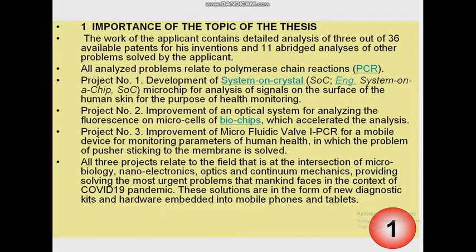Project number 3, improvement of the microfluidic valve in PCR for a mobile device for monitoring parameters of human health, in which the problem of pusher sticking to membrane is solved.